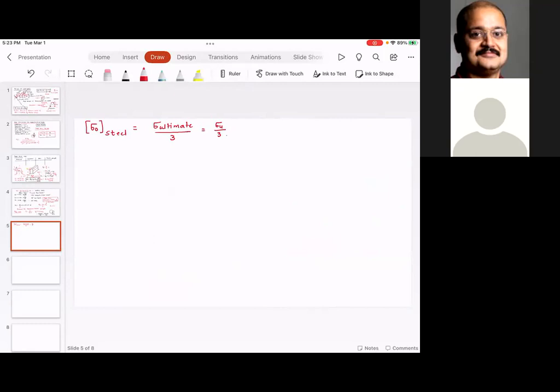Now, why do I emphasize this? Look at table 28.4. If you skim through it, it just talks about forged carbon steel, alloy carbon steel. It does not give you a lot of gradation of steels. Do you agree with me?